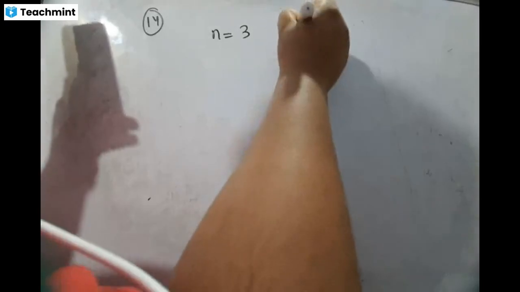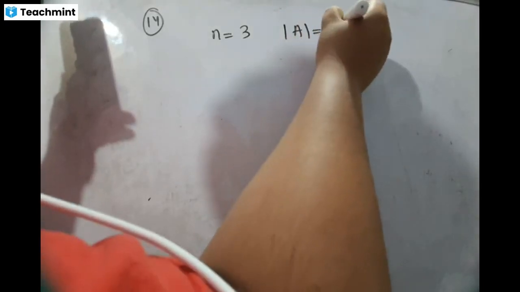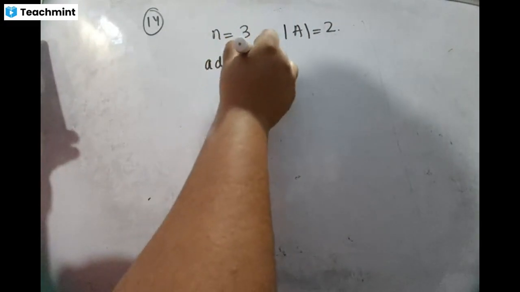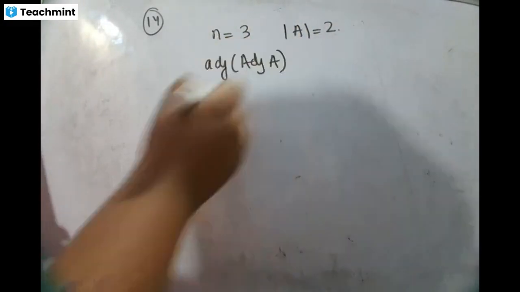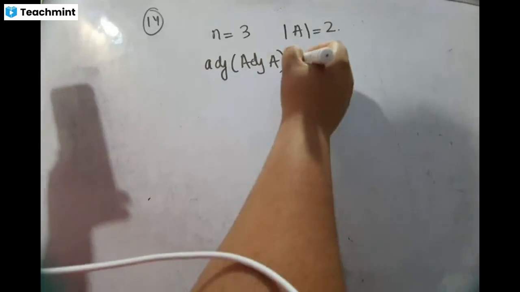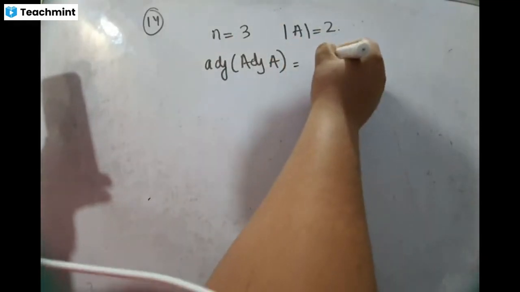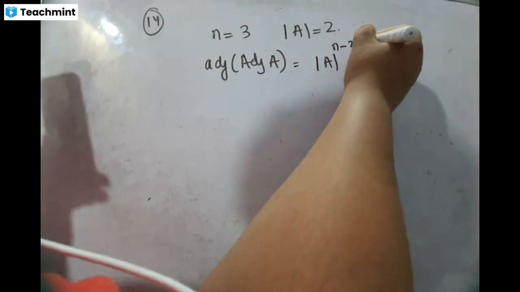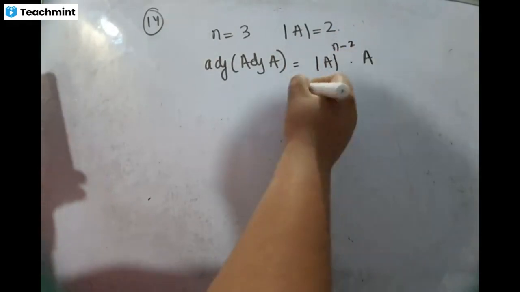Question number 14 says, everyone, if A is a square matrix of order 3, so n equal to 3, and the value of the determinant is given to be 2, I have to find out the value of adjoint of adjoint A. So this is the formula.